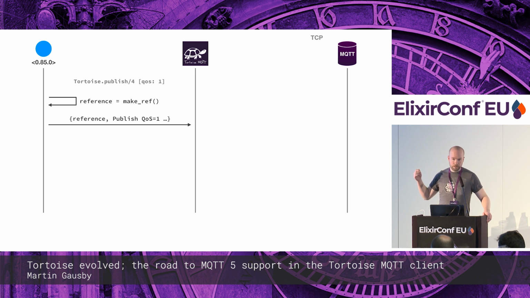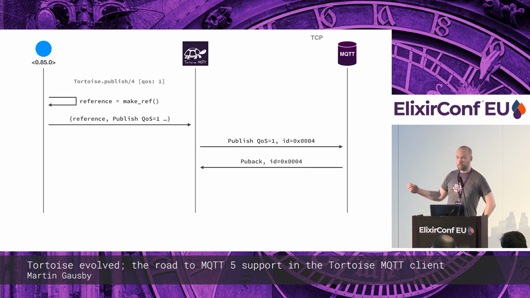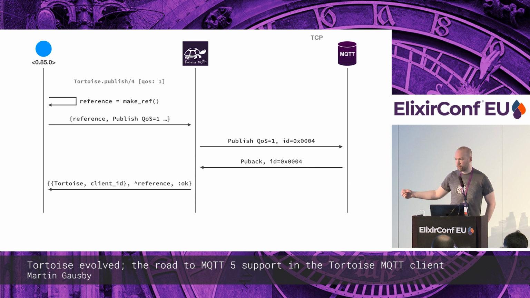So what I do is create a reference in the caller, and then hold on to that, of course, and then send that reference into Tortoise along with the message, which will then perform the message exchange needed to fulfill quality of service 1. And as that is completed, I will get this back in my message box of the caller.